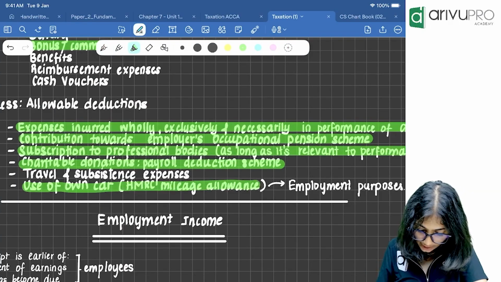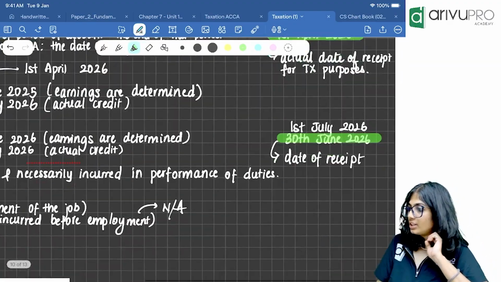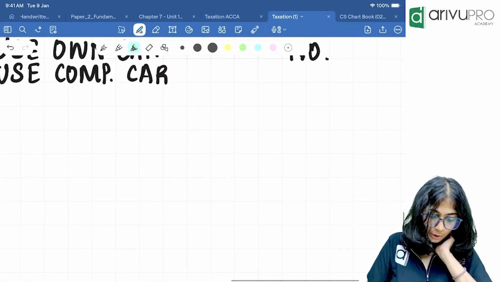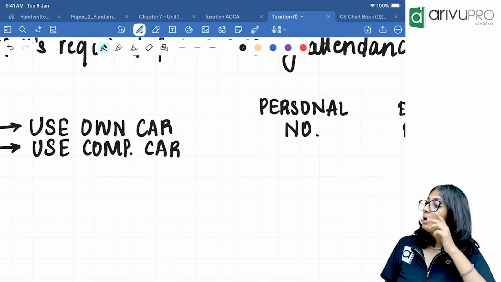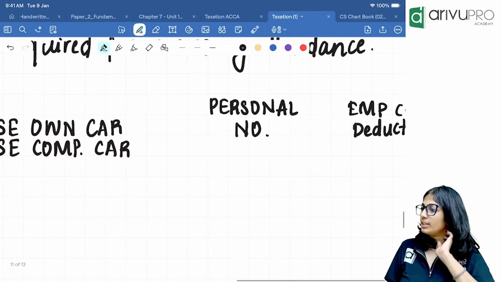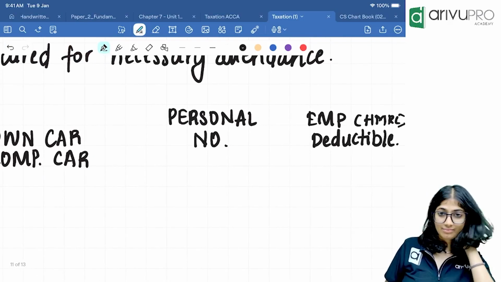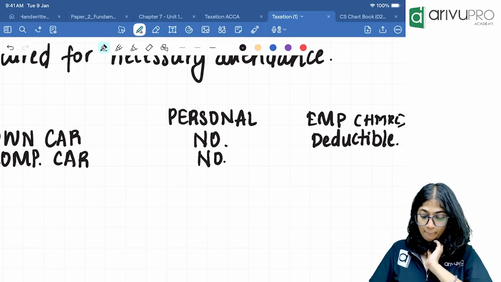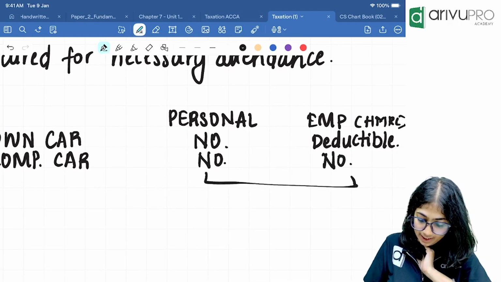Use of own car for employment purposes, you have to use your mileage allowance according to HMRC. Let's say you are using a company car for personal use. Is it deductible? No. Both of these will come under benefit.